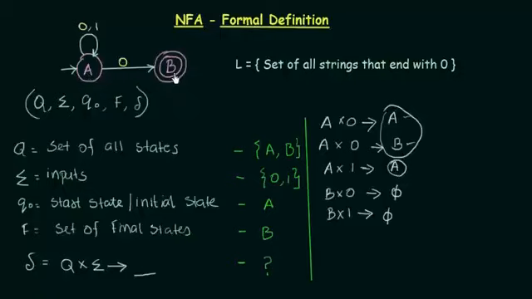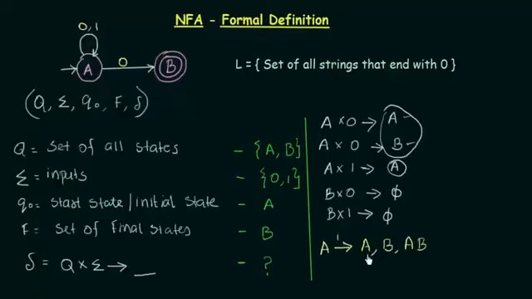Suppose for this example, A and B are there, and let's see what are the possibilities that we can get. So let's talk for one state A. A on getting a certain input, let's say 0 or 1, whatever it may be, it can either go to A, right, or it can go to B, right, or it can go to both A and B. Like here, it went to both A and B, right?